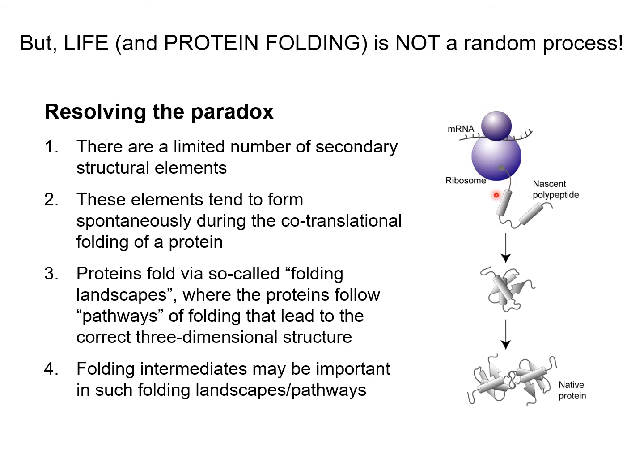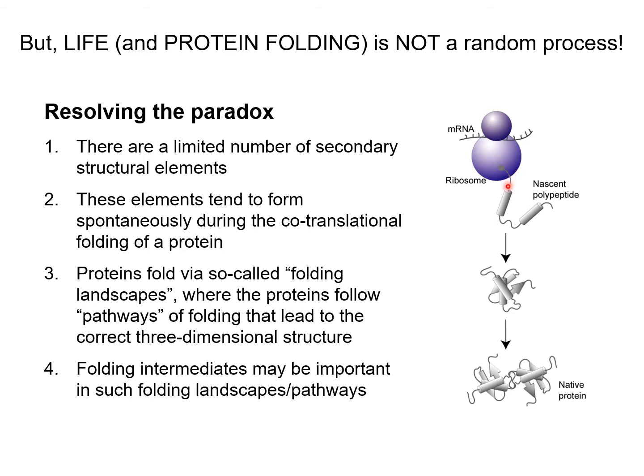So there are going to be some limitations, or a smaller number of possible conformations, within that small region. And these elements tend to form spontaneously during the co-translational folding of a protein, which means that it's not going to be the whole polypeptide that is generated and then the folding happens. It's more instantaneous and spontaneous.